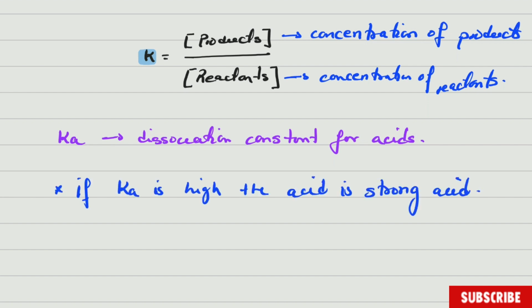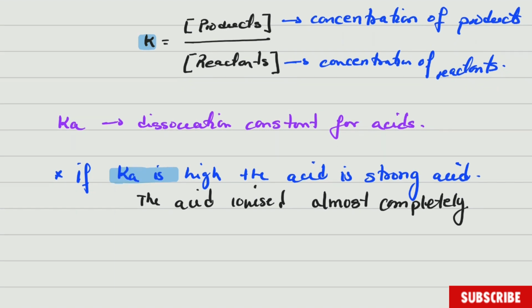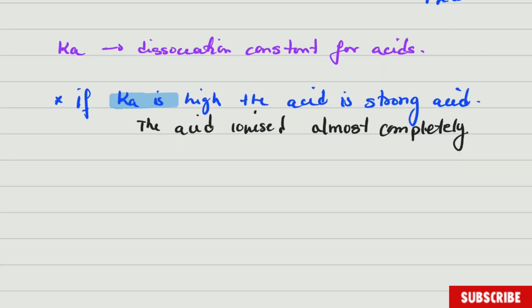If the Ka is high, it means that the acid is a strong acid. The acid ionizes almost completely. That is the meaning of a high Ka. For instance, let's see one example.